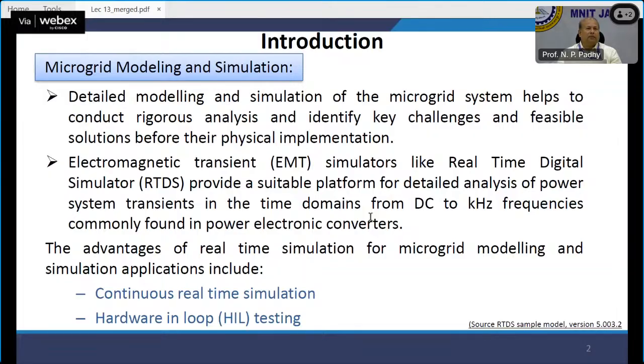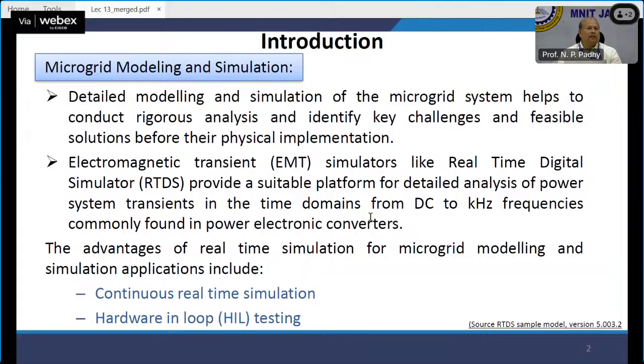Electromagnetic transient (EMT) simulators like the real-time digital simulator (RTDS) provide a suitable platform for detailed analysis of power system transients in the time domain, from DC to kilohertz frequencies commonly found in power electronics converters.